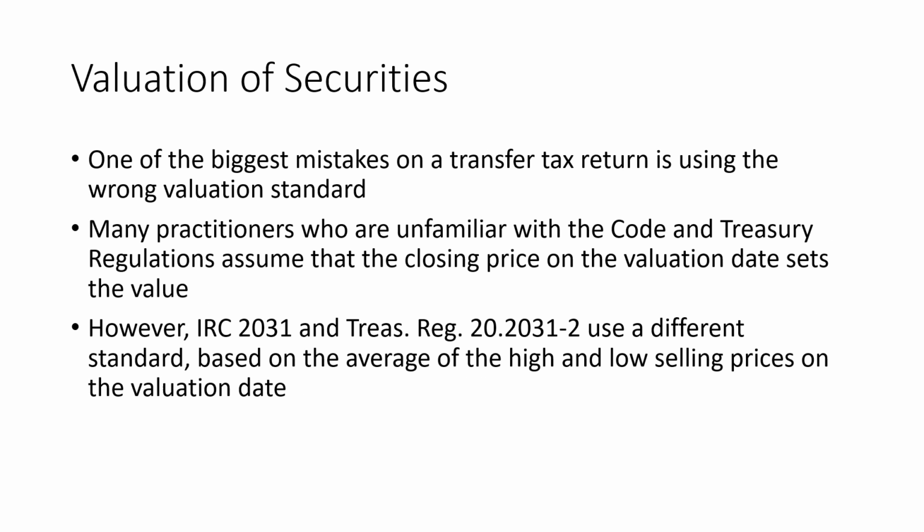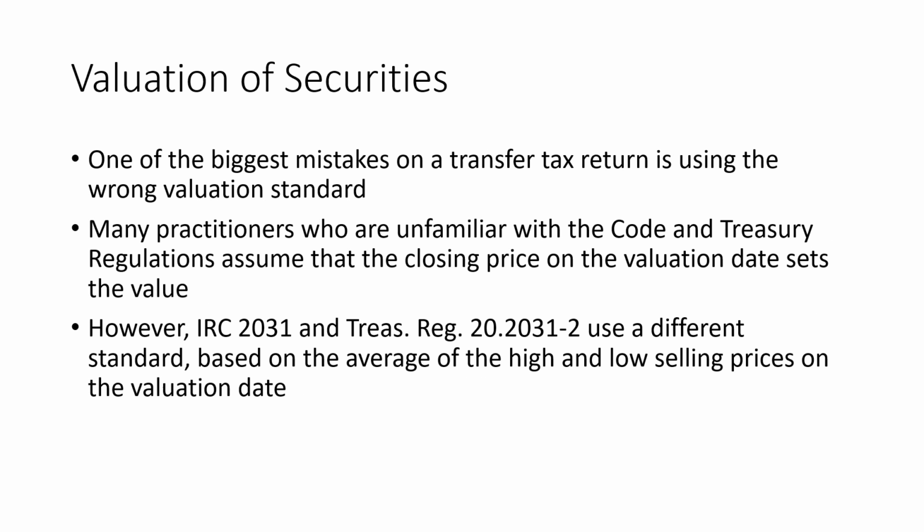So when it comes to filing a return, or even if you're not filing a return but setting basis, you need to use the right valuation standard for securities that are publicly traded. For publicly traded securities, a lot of people assume that you simply use the closing price on the valuation date, but that's not the standard.